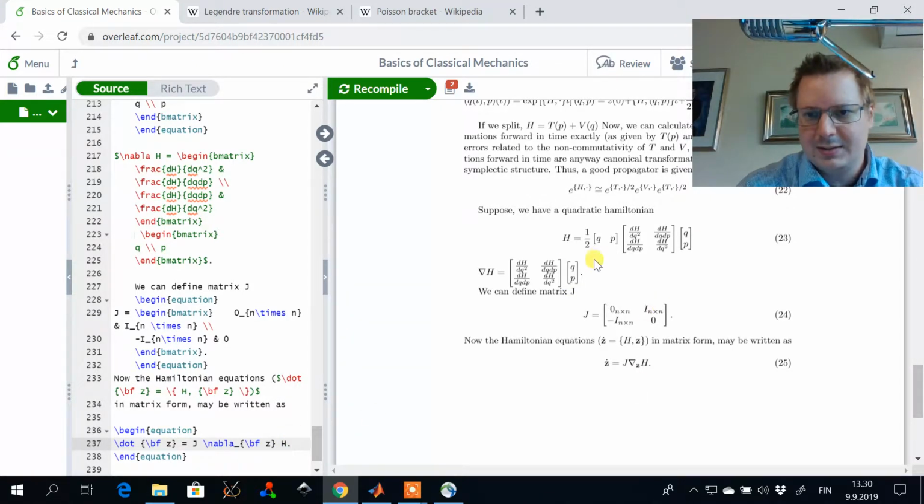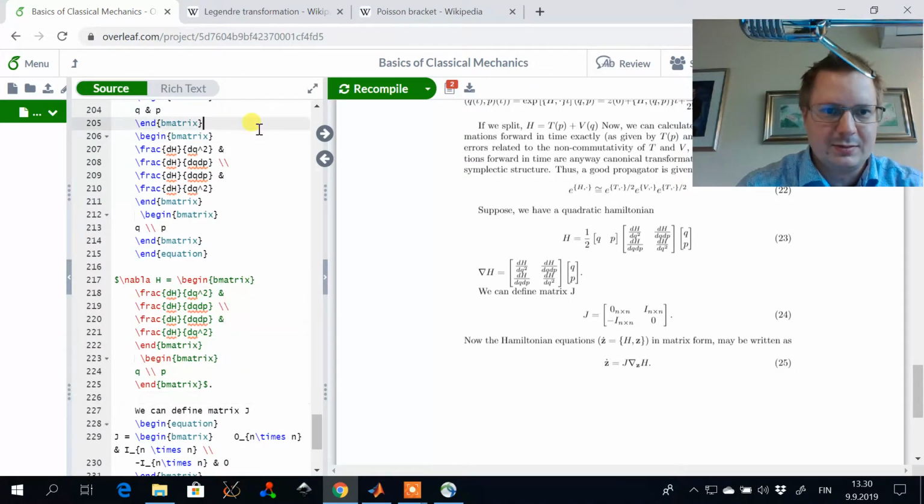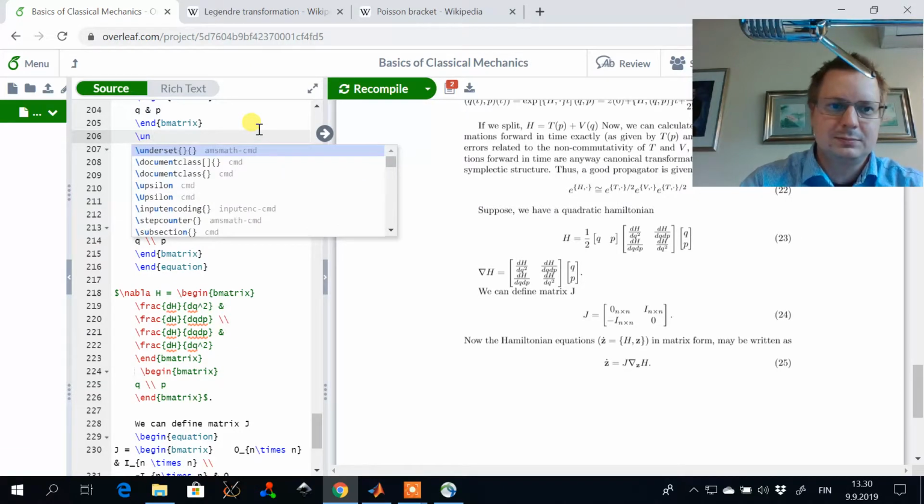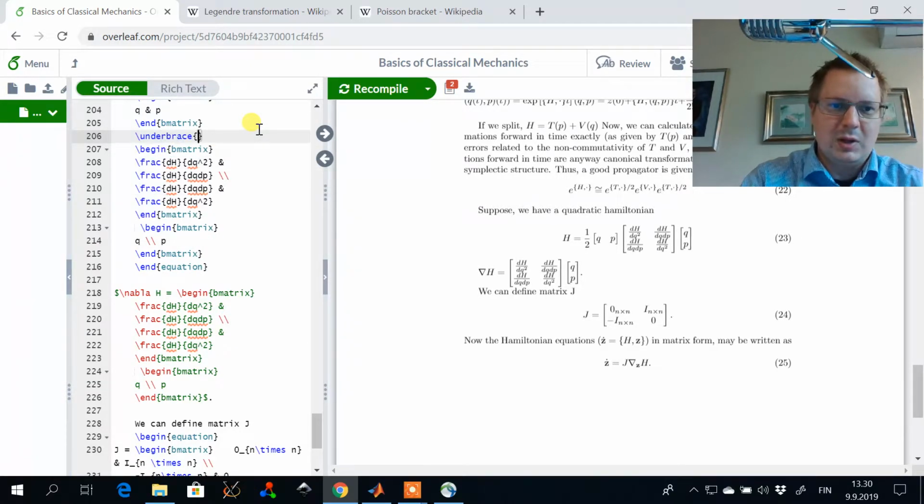And if we have this, let's call this matrix here, I would like to call this matrix H as well, so let's call it like lowercase h.